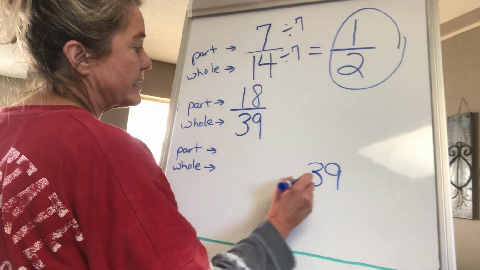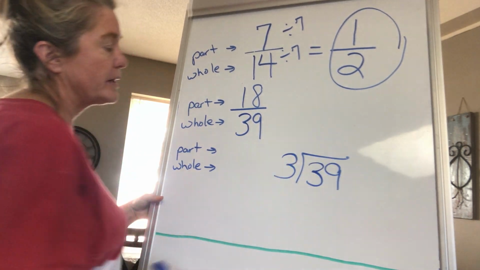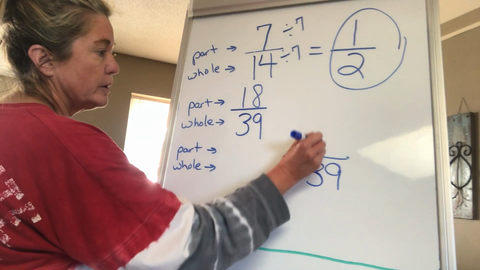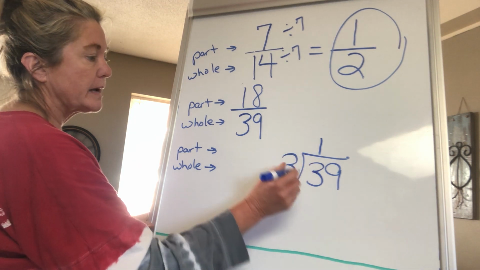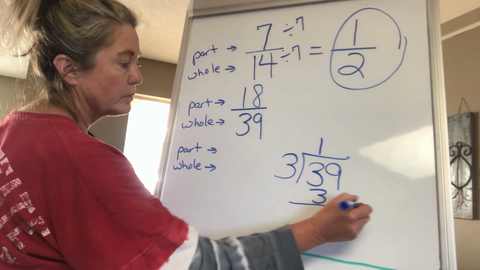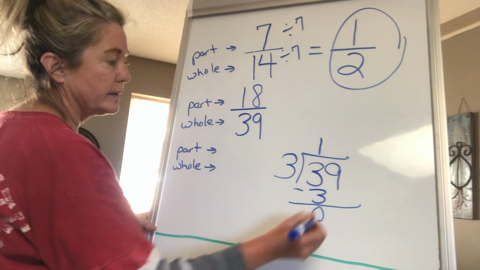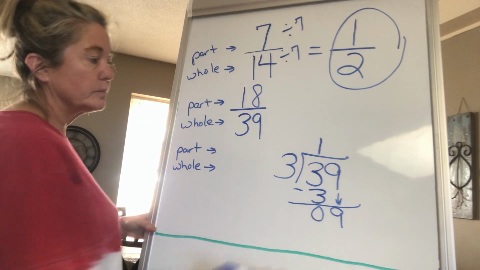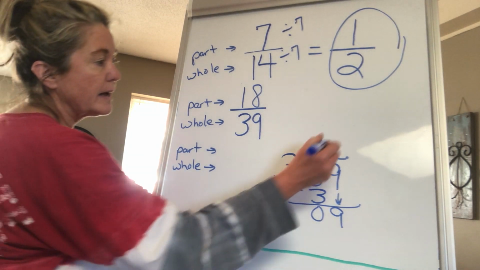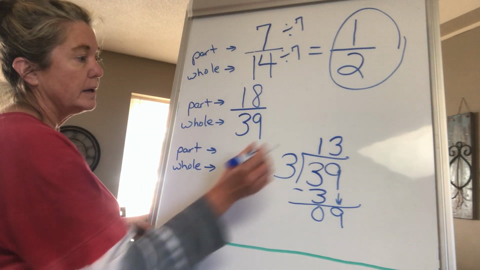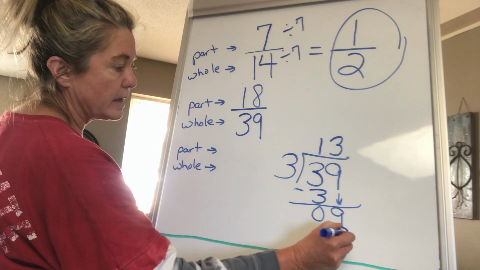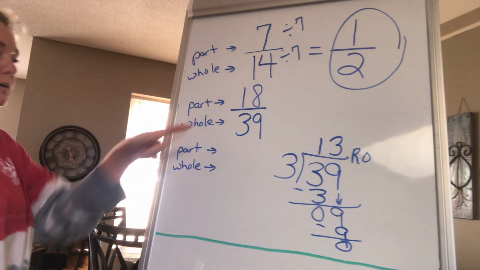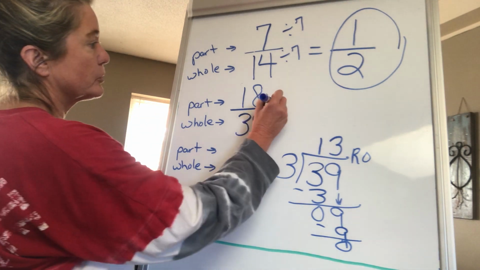Let's go over here to the side and see if 39 can be divided by 3 and get a 0 remainder. 3 goes into 3 one time. 1 times 3 is 3. I subtract, I get a 0. I still have to bring down my 9. 3 goes into 9 3 times. And 3 times 3 is 9. I subtract and I get 0. So yeah, 39 is also divisible by 3.